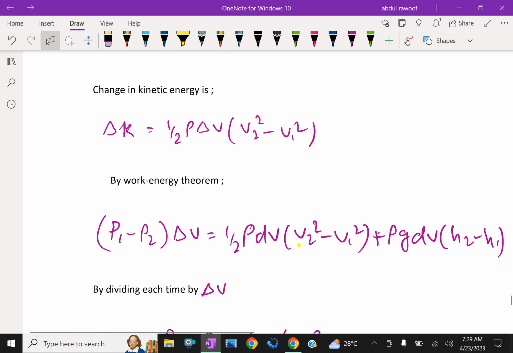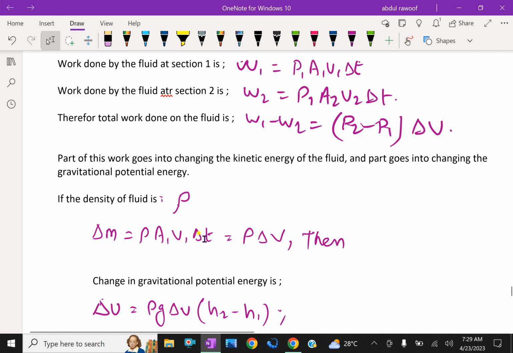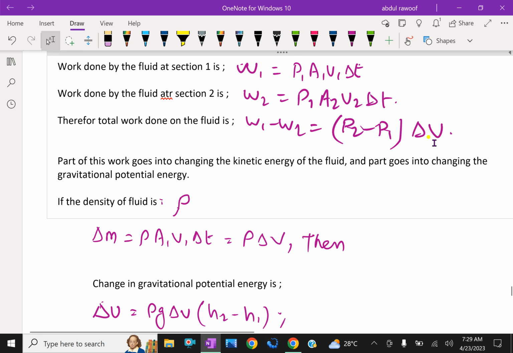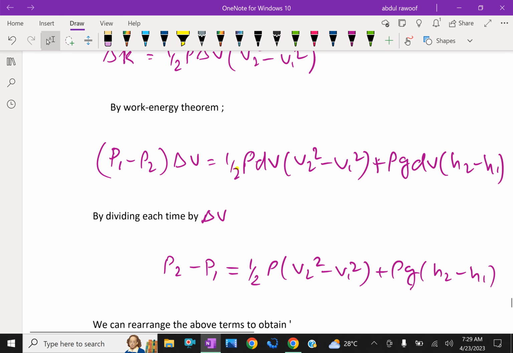Now, by the work energy theorem, we can say P2 minus P1 delta V is equal to half rho delta V times v2 squared minus v1 squared plus rho g delta V times h2 minus h1.